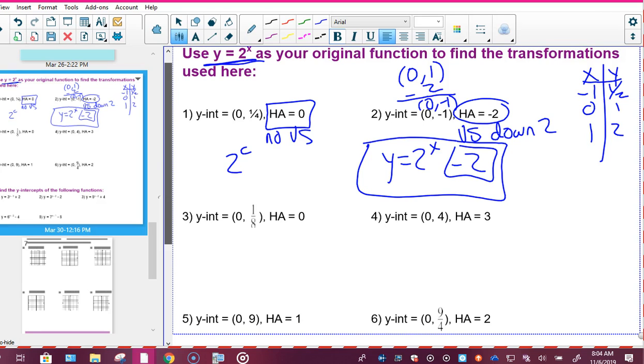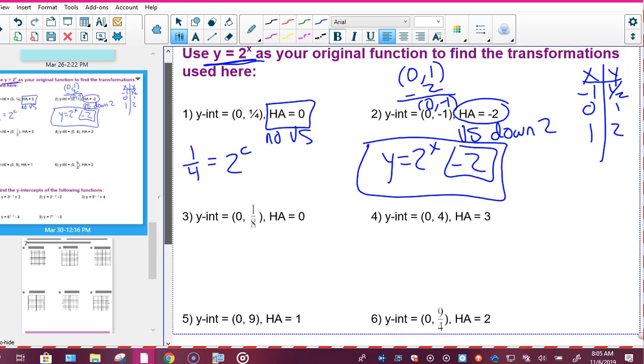We know it needs to equal 1/4. The plus 0 is not necessary. So whatever our horizontal shift is gave us 1/4. So we're going to solve this.